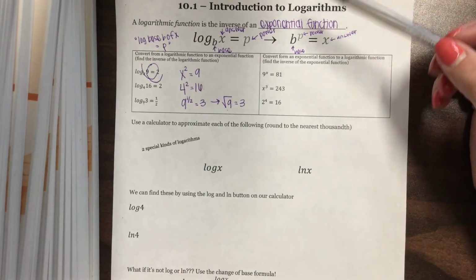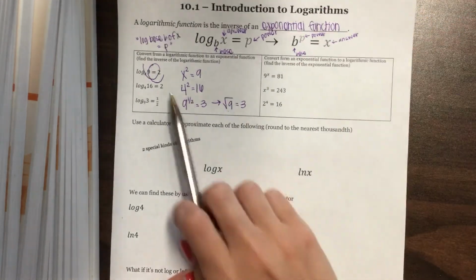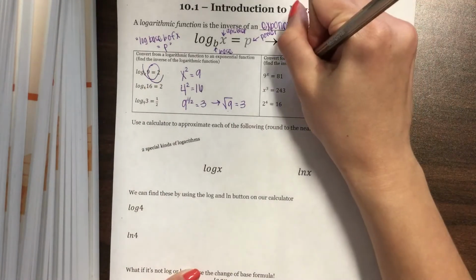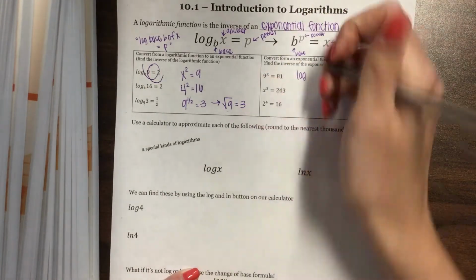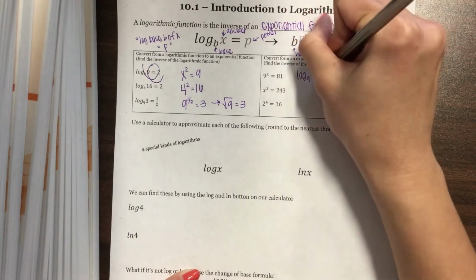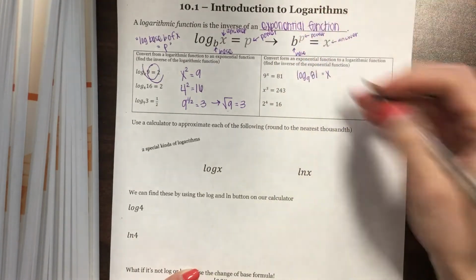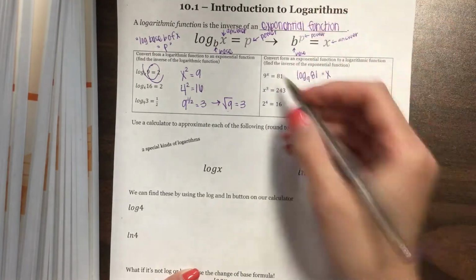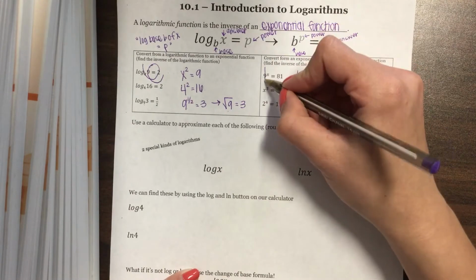Okay, and then for this one, we're going to just convert this to a logarithmic function. So this is going to be log of our base, which is 9, of 81 equals x. Okay, and you can kind of make an L with this if you go down over.